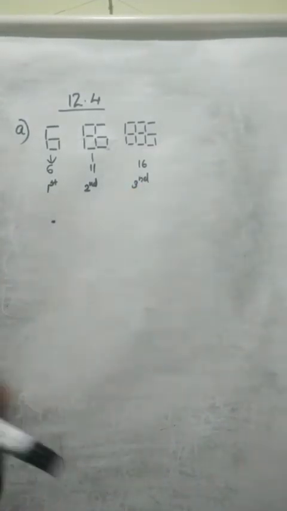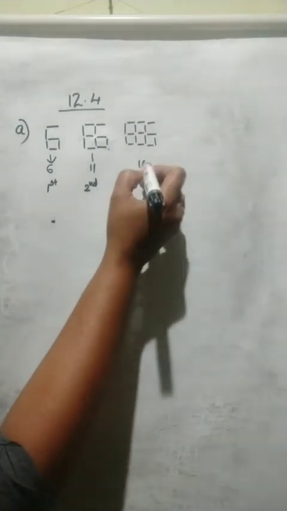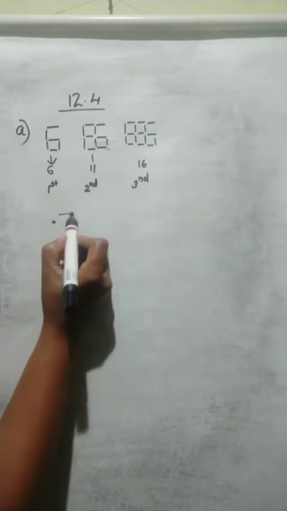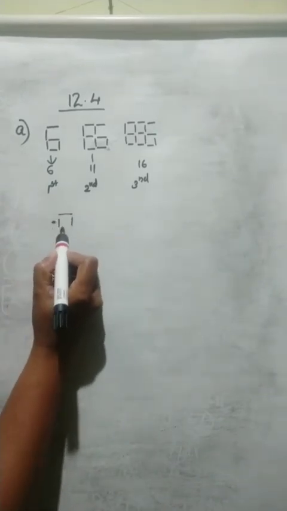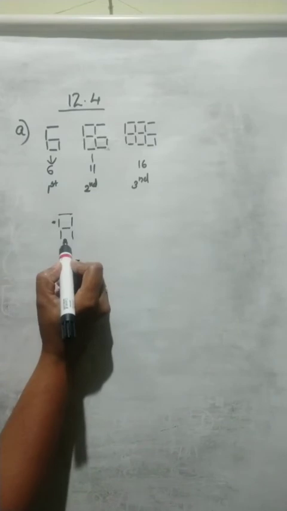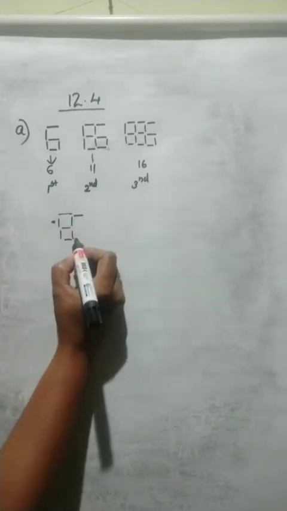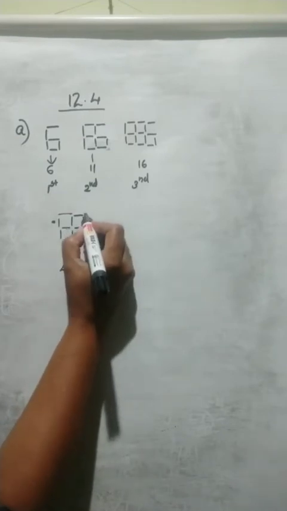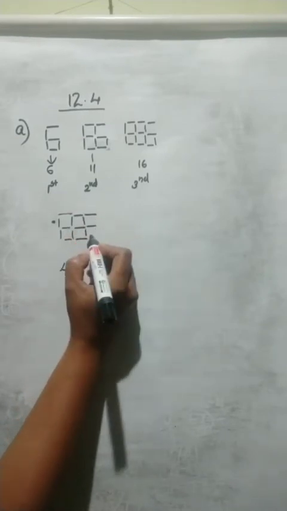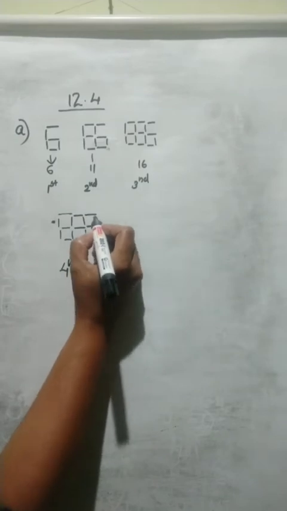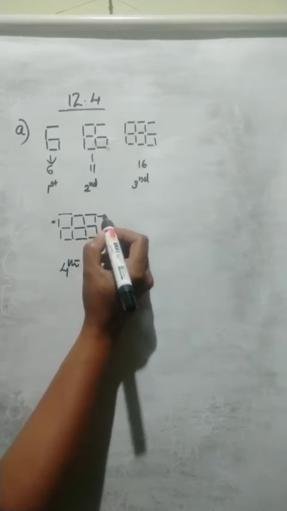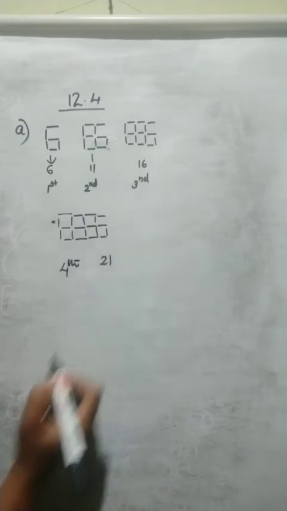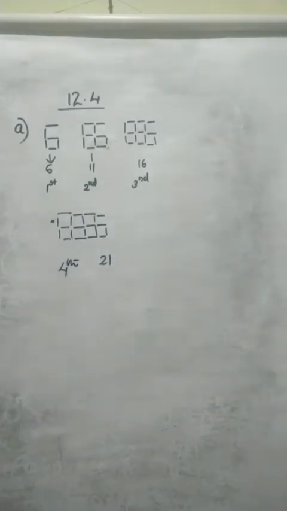Now for the fourth term, how many will be there? 1, 2, 3, up to 20, 21. Okay, 21 will be there.